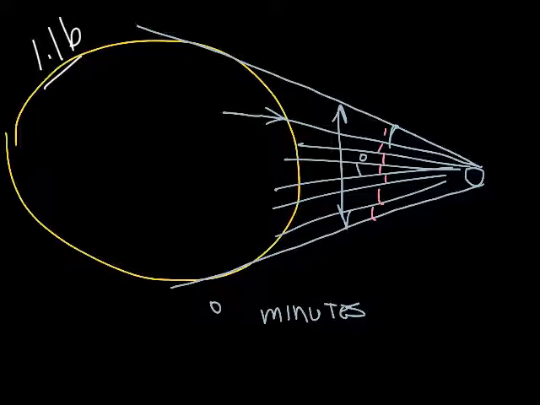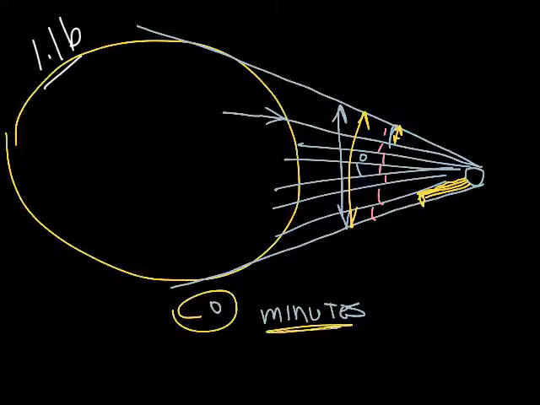Then let's say that for some reason we want to break one of those minutes up into smaller pieces. It'd be like a mile broken up into feet, and then we break those feet up into a smaller unit like inches. That's the same thing we're doing here. We're taking degrees, breaking them down into 60 minutes, and then taking each one of those minutes and breaking it down into seconds.